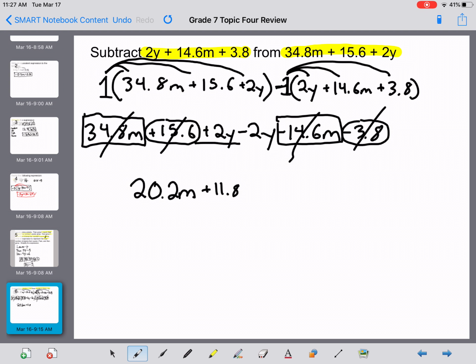The next term I come to is this positive 2y. The like term to that is this negative 2y. When I look at both of those, positive 2y minus 2y is 0, so I can just cancel those out. So this is my final simplified expression: 20.2m plus 11.8.